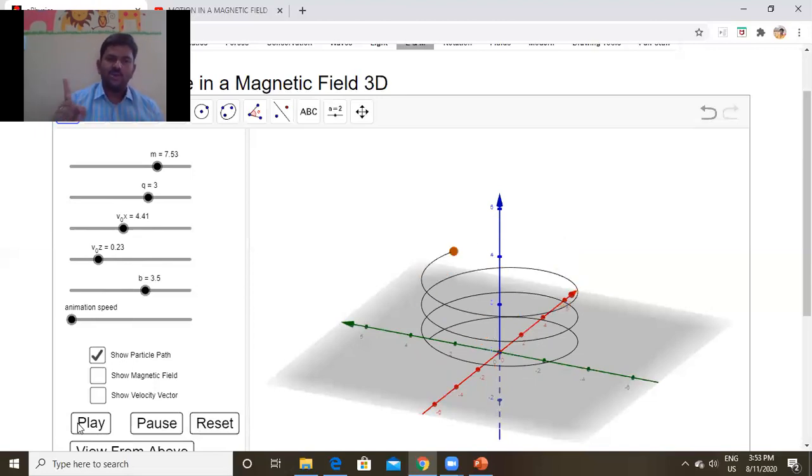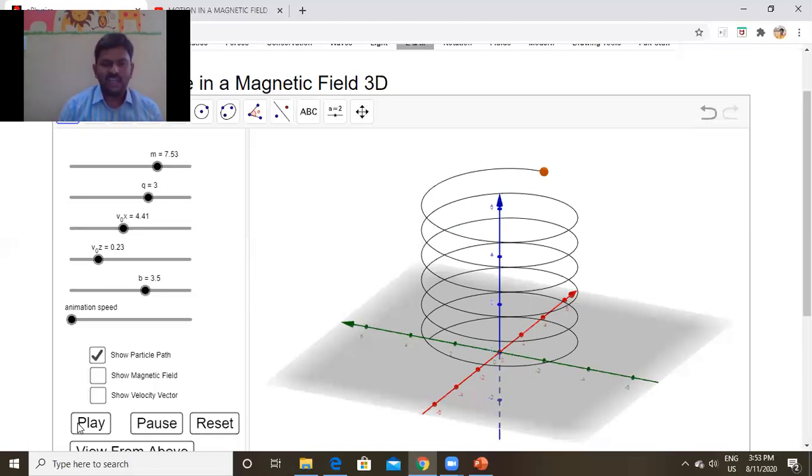Due to the velocity along the x-axis, it is doing circular oscillations. If it has velocity in both directions, it will have a velocity component along the field direction as well as a velocity component perpendicular to the field direction.